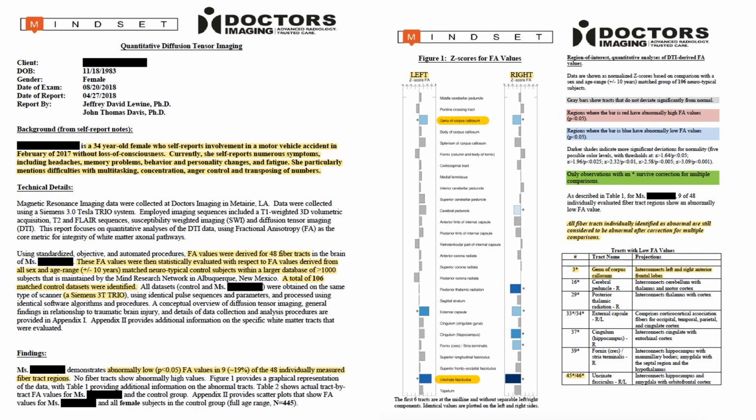And you'll note that our findings in this particular patient showed abnormally low FA to a degree of 95% certainty in values 9 out of the 48 tracks that we measured. That's considerable. And if you look over to the right, you'll see that there are graphs. You'll see the bar graph, which has left side and right side.